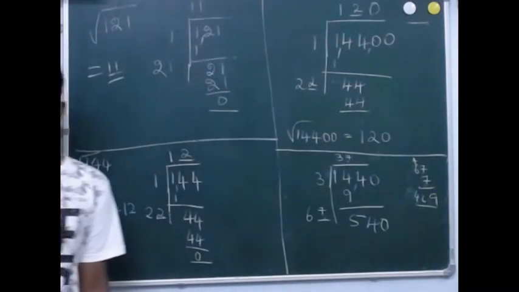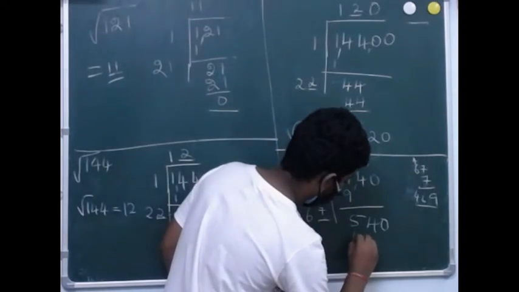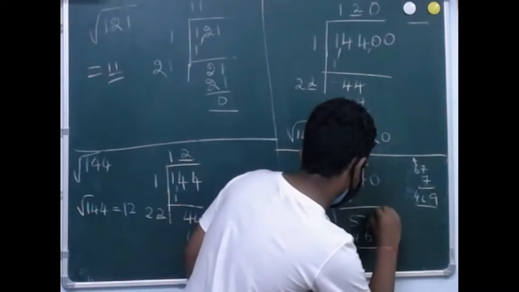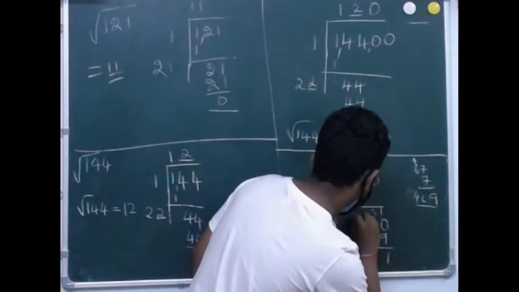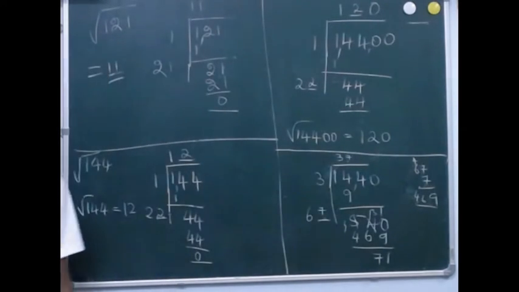469. You can write down 469. Then 71. So there is no other number. So what you are supposed to do, we want to go for the third digit.